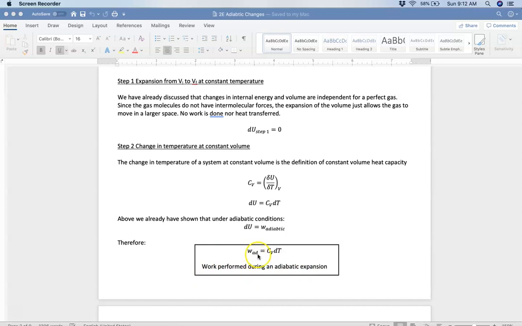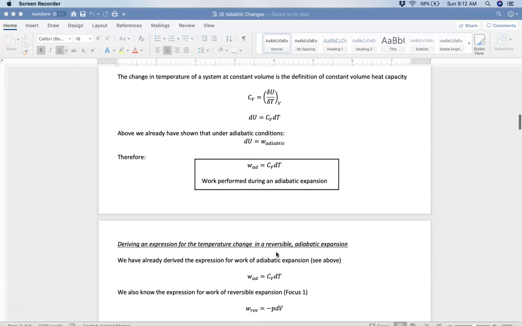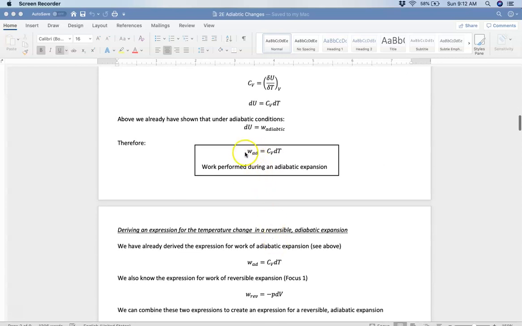That work is equal to the heat capacity of that system times the change in temperature of that system. If we integrate, this just becomes work adiabatic equals Cv, making the reasonable assumption that it's constant over the temperature change, and this dT turns into a delta T because it would be a macroscopic, measurable change in temperature.